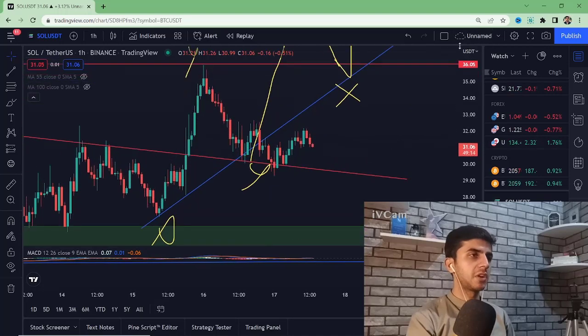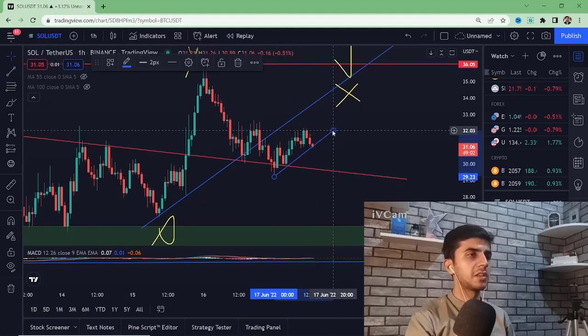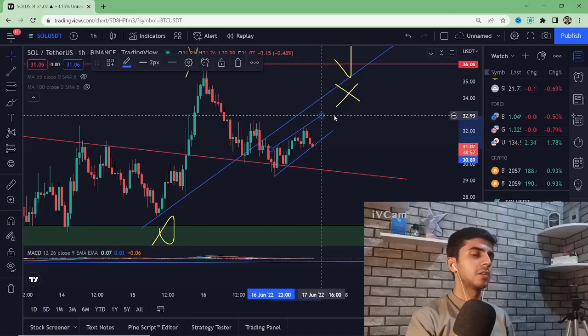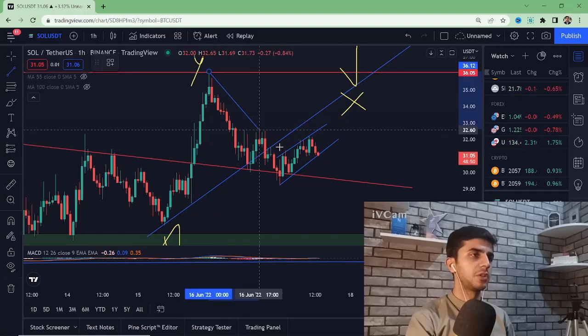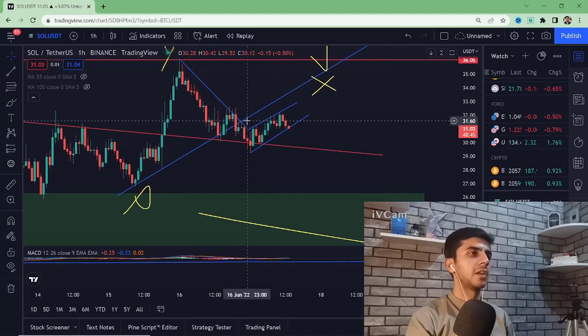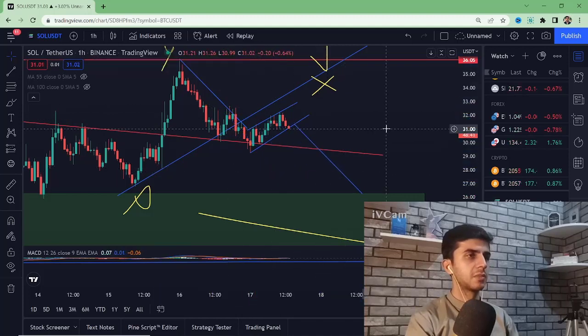On the 1 hour time frame, I see some structure forming. Let me just show you guys. I see this is a rising wedge, not a valid rising wedge by the analysis, but it is very famous. If we consider this, we can consider it as a bearish flag, and it would have exact targets of about this place, this support zone.